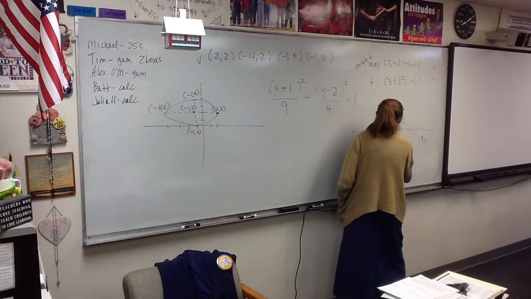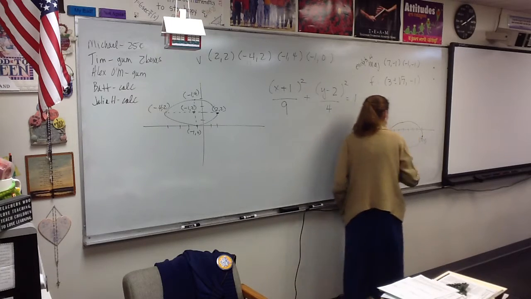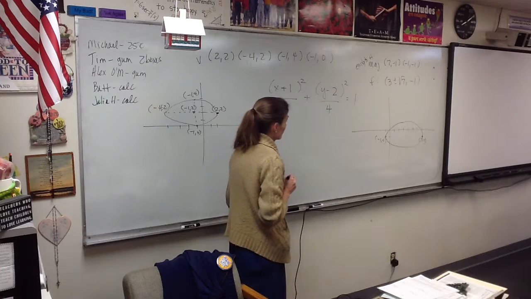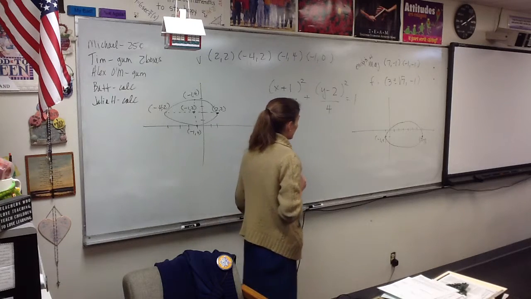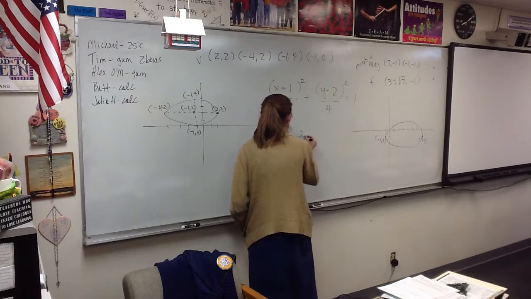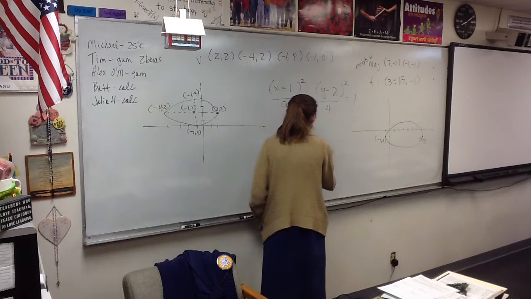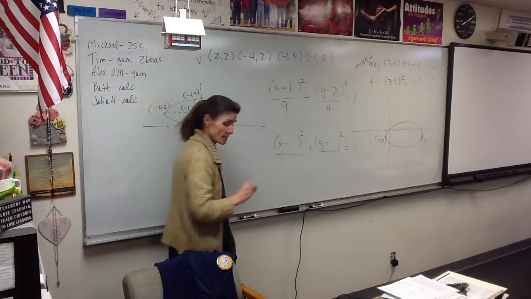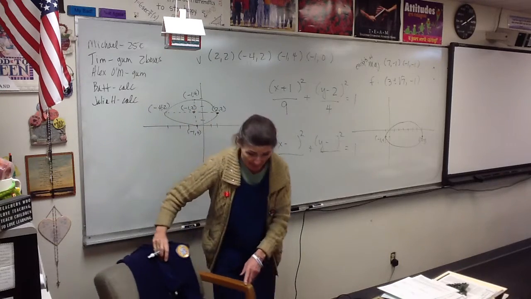So whatever my ellipse looks like, it looks like this. Again, my goal is this equation. Does just that much information tell me anything?